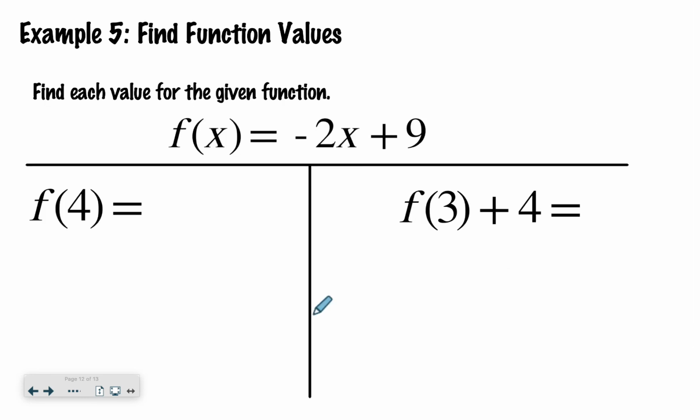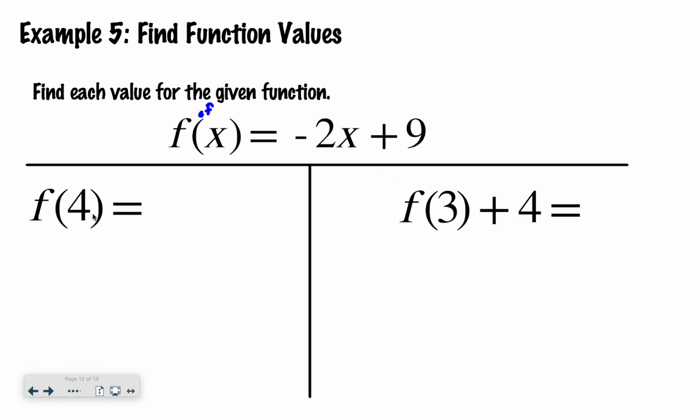And just remember that function notation is another way of writing y equals. Okay, so if I give you the function f of x, the way that you read this is f, and then the parentheses, you say of, and then whatever variable's inside there. So f of x equals -2x plus 9.